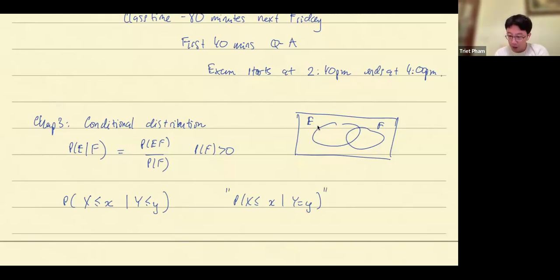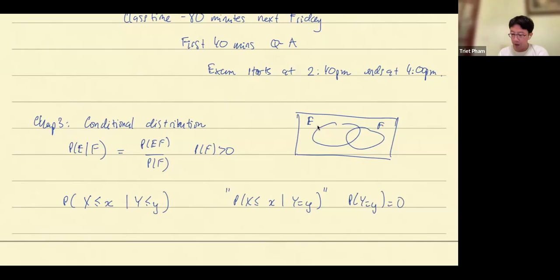The reason is that when you condition, one important requirement is that you don't divide by 0. But here, if Y is a continuous random variable, then the probability that Y equals little y is equal to 0.